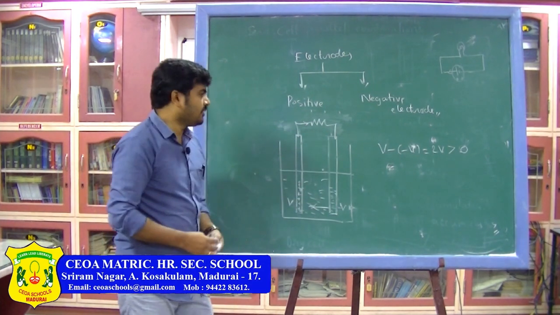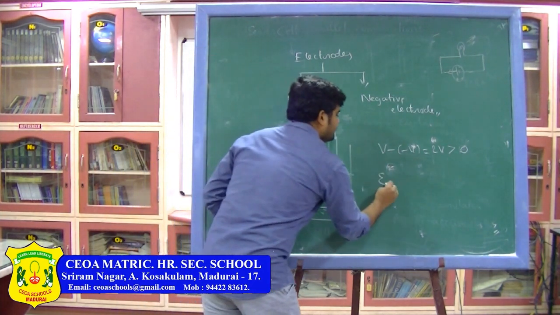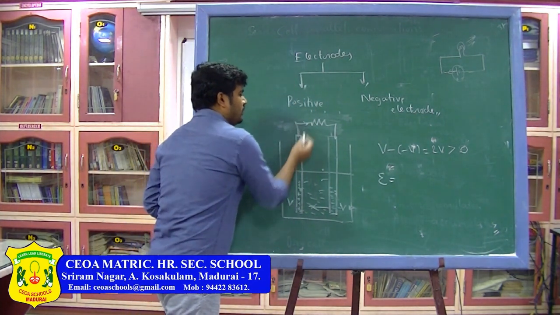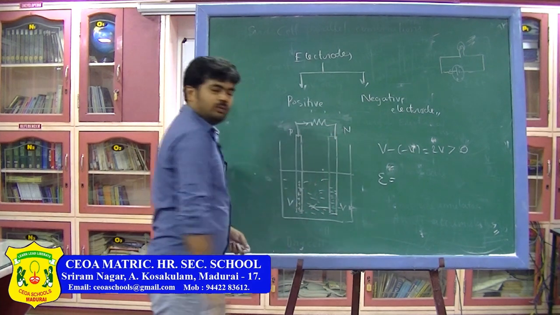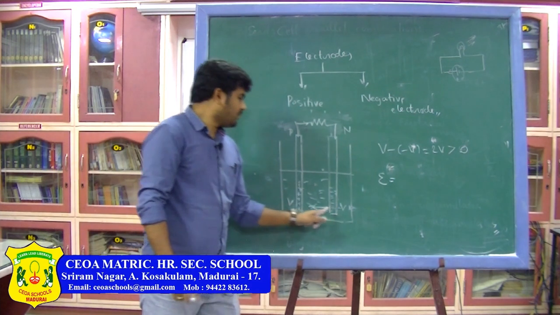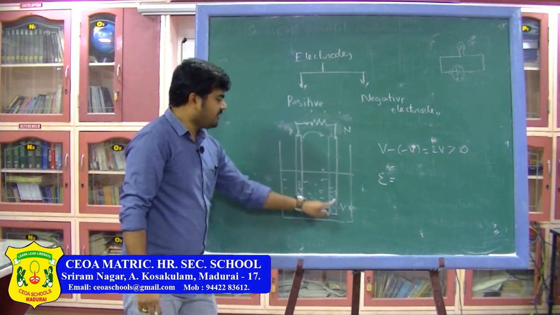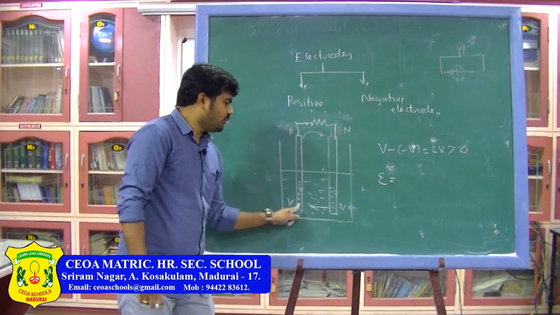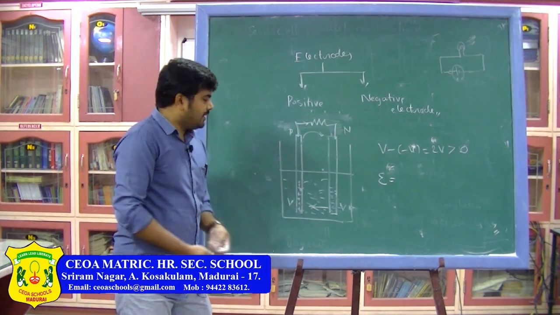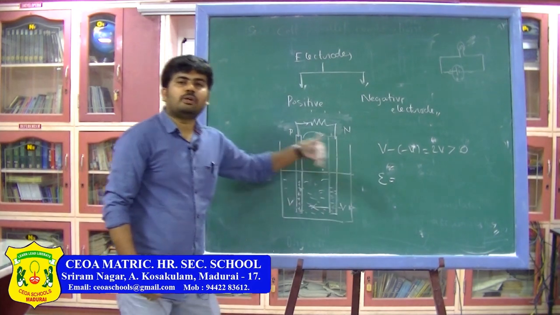That means here the work done by the cell per unit charge is known as EMF. So remember clearly, the electric charge flows from P to N in the external circuit. When it reaches this negative electrode, it is moving from high potential to low potential, but when it reaches the negative terminal, it has to move from negative to positive, that means from low potential to high potential, where the cell has to do some work in sending the charge from low potential to high potential.